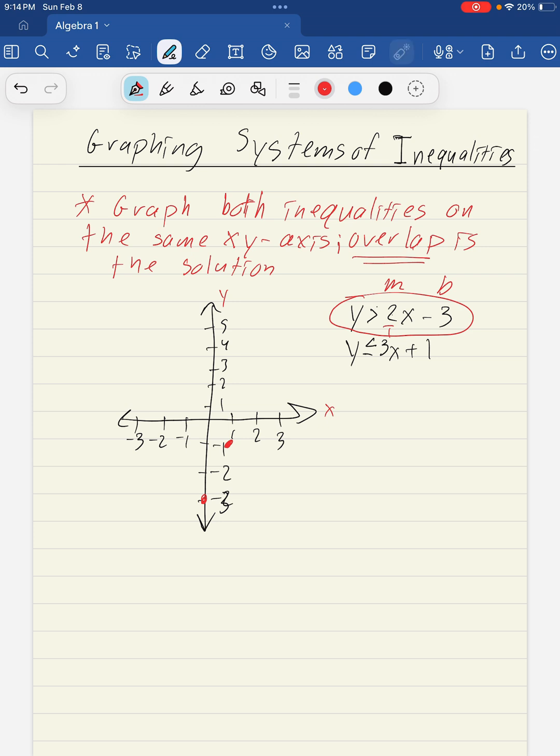What are my rules? Well, I need to look at the inequality. I do not have a line underneath, so I need a dashed or dotted line there. Let's do that. And then do I shade above or below the y-intercept?